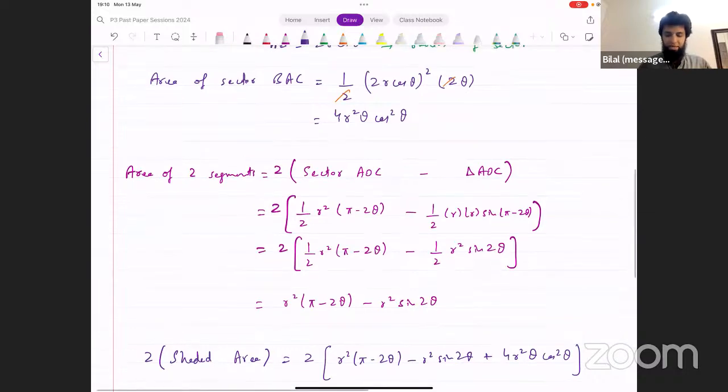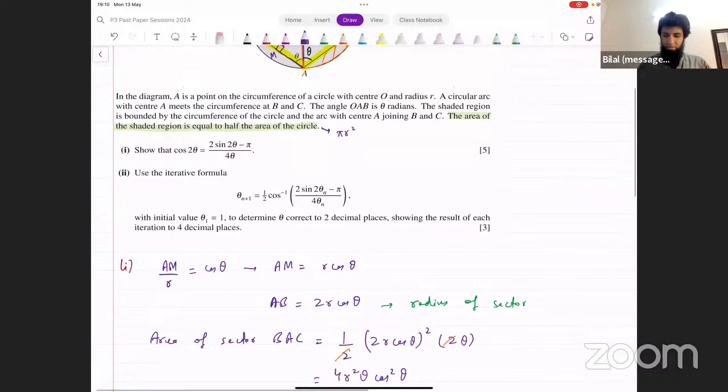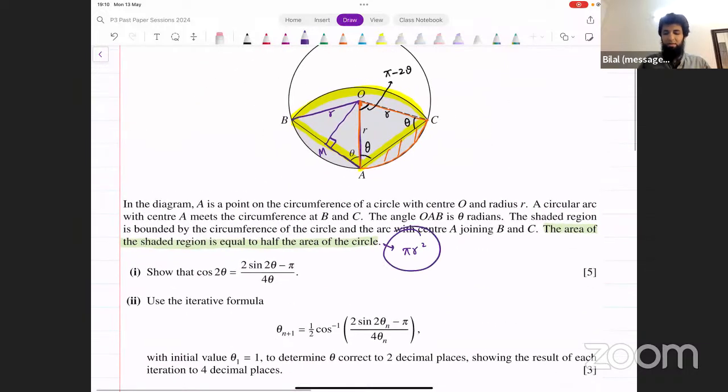That's 2 times the area of the shaded region. This should equal area of the circle. So we equate this to pi R squared.